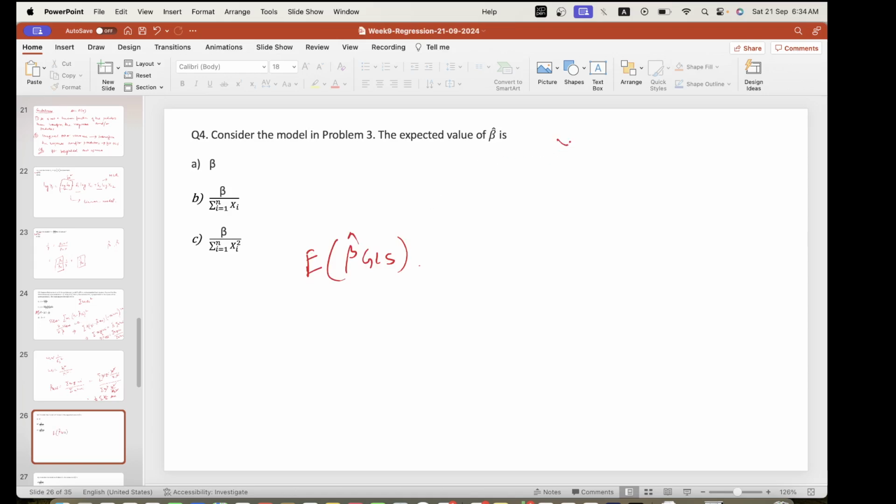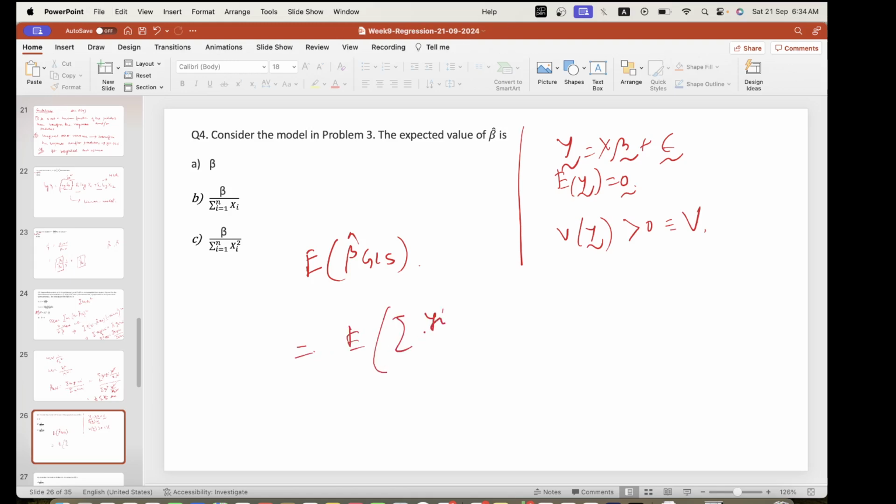We always remember that y equals x beta plus epsilon, where the model is such that expectation of epsilon equals 0, but variance of y is always greater than 0 and equal to some V. So we'll have the expectation of summation yi by xi by n, which is 1 by n summation expectation of yi by xi, so 1 by n summation 1 by xi.